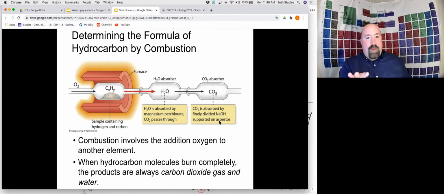Don't worry about that. I'm certainly not going to hold you responsible for knowing how we absorb the water and the CO2, but just know that we can. What we can do is combust our hydrocarbon, not in water, sorry, in oxygen. And then we can collect the resulting H2O and CO2 and find the mass of those. And that's going to be the key part for us.